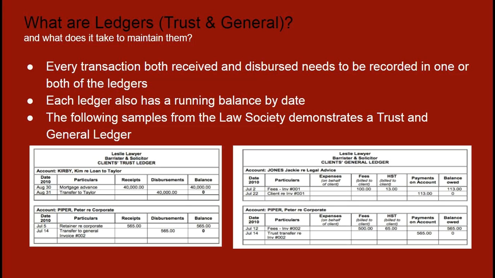And these documents, the ledgers and journals, are formatted in such a way that by reviewing them, the auditor has a better appreciation for the journey of those transactions in your legal business life.